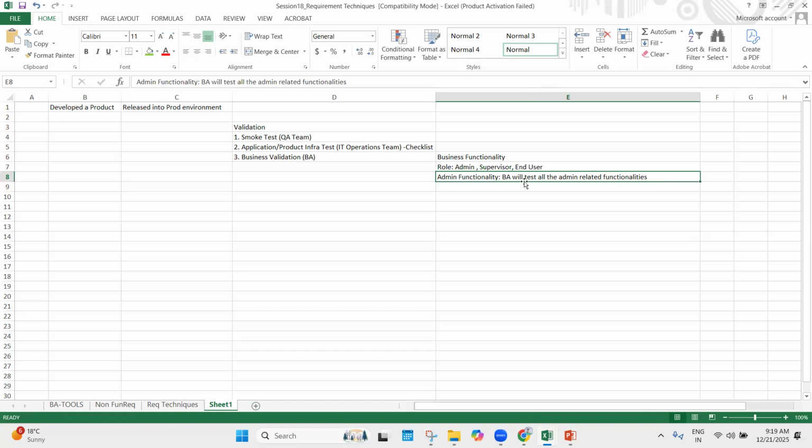Once the admin functionality is tested, the BA needs to take screenshots of the application, noting that the role assigned here is the admin role. As an admin, he can see these dashboards, these screens, and these admin pages, like giving access by creating new users, modifying the access of users, and defining the roles.